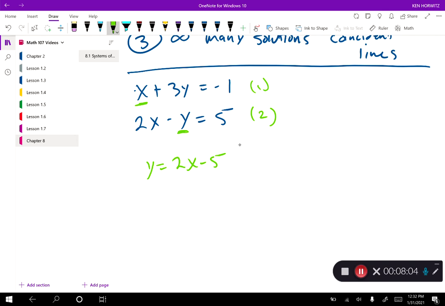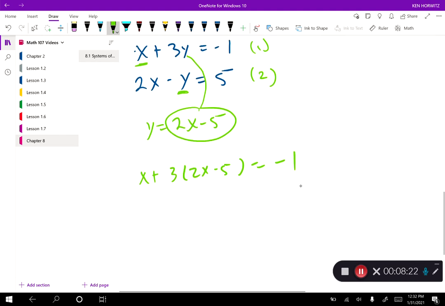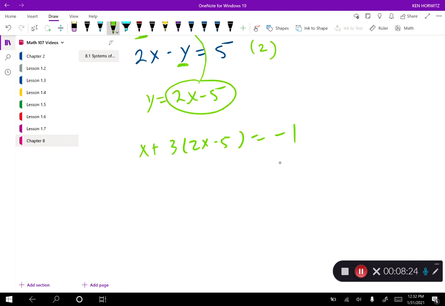Right? And now that I know what y equals, I can take that and plug it into the y in the first equation. So I have x plus 3 times (2x minus 5) equals -1. Now look at this. I now have a single equation, but I only have one variable.